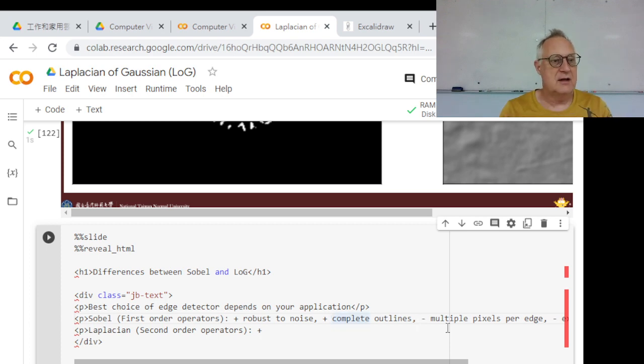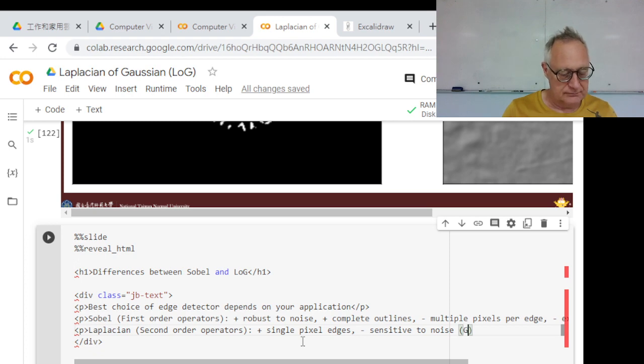The other advantage that the Sobel and other edge detection algorithms have that are first order operators is that they also provide you more easily with a complete outline. The Laplacian second order operators have the advantage that they only give you single pixel edges usually. And so they have nice thin outlines. But their disadvantage is that they're very sensitive to noise.